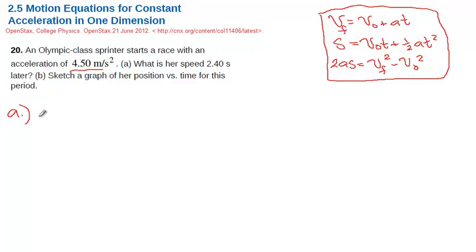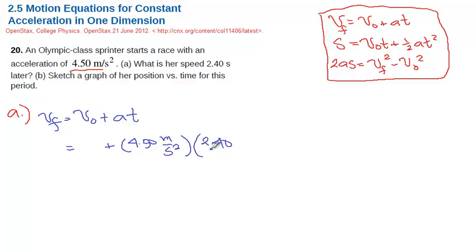So we have Vf is equal to Vo plus At. To find the velocity after 2.40 seconds, t is 2.40 seconds, so we'll have 4.50 meters per second squared multiplied by time, which is 2.40 seconds. Okay, now that's good already.